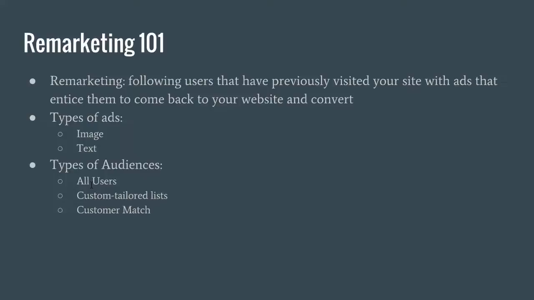Customer match is where you upload emails of people, maybe a list of emails of people who have submitted forms on your website or signed up for newsletters. You can use those lists of emails to advertise your image ads to that same set of users. So that's another form of remarketing that we can do as well.